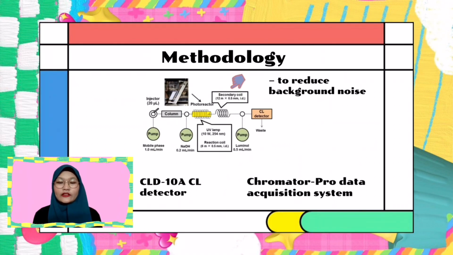A secondary coil is introduced after the reaction coil for decreasing the background noise. A detector and a chromatopro data acquisition system were used for CL detection and data acquisition respectively.